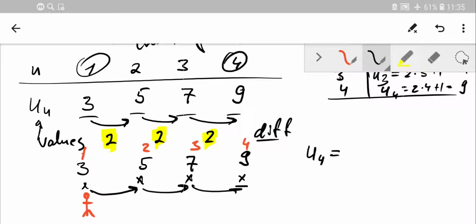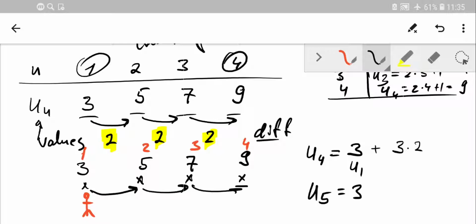So if you want to calculate the value of the fourth term, you need to start from u1 and add 3 jumps, and each jump has a value of 2. Let's calculate how to arrive at u5.